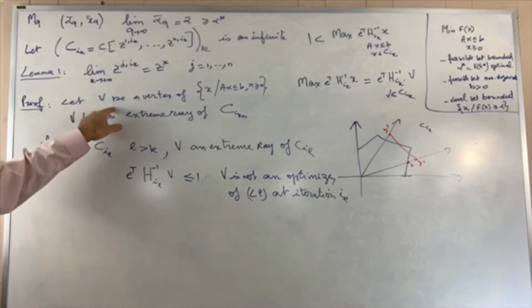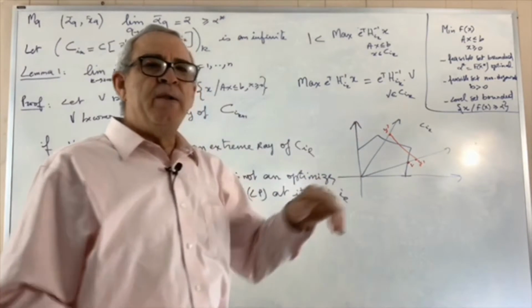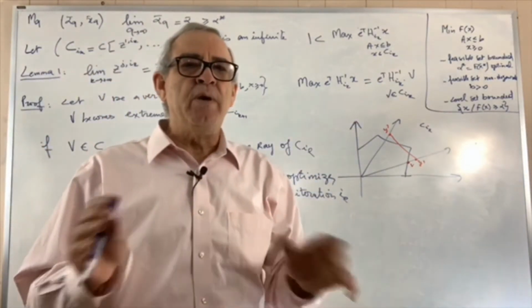So in here, v was the optimizer, and then after that it will never come back, it will never repeat.